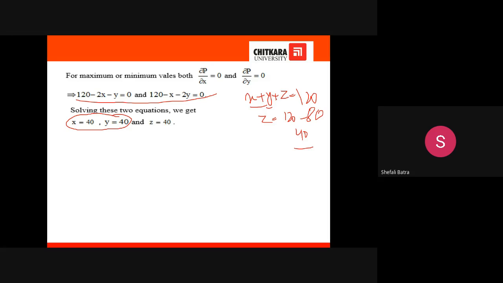Now next, you need to find pxx, pxy, pyy at the point 40 and 40. Find everything at point 40 and 40.